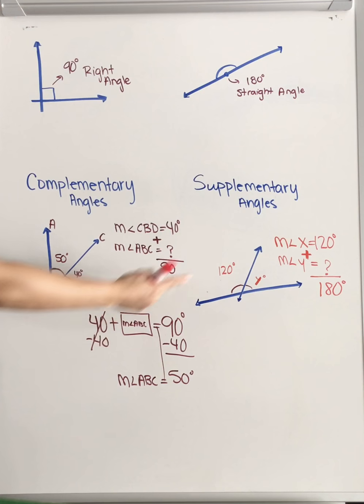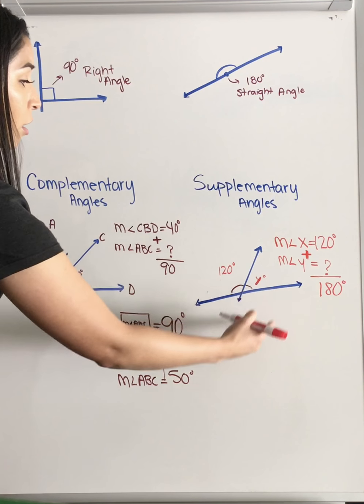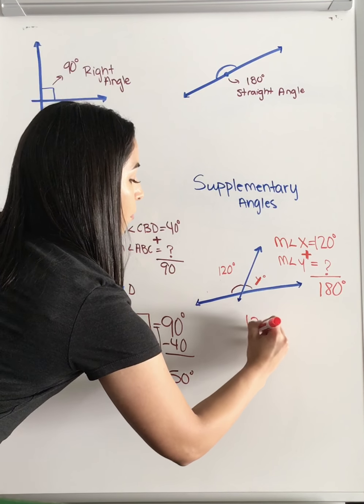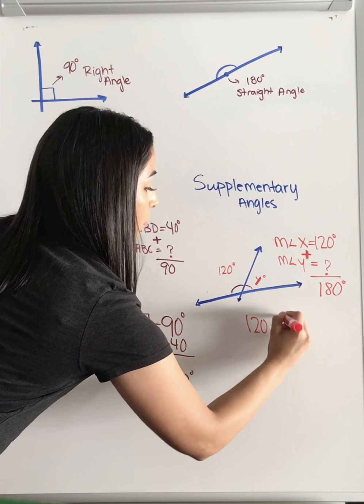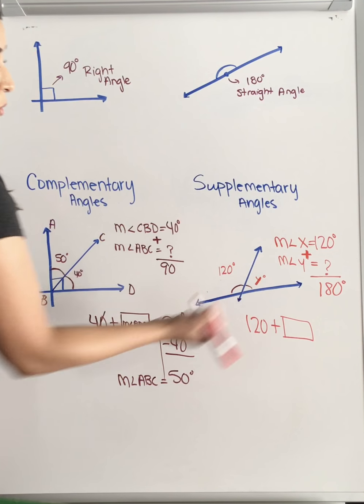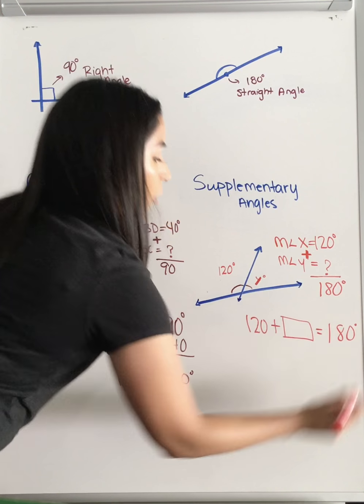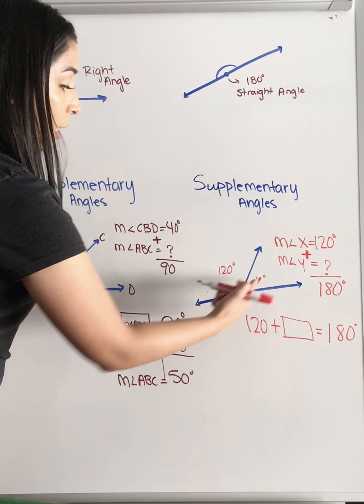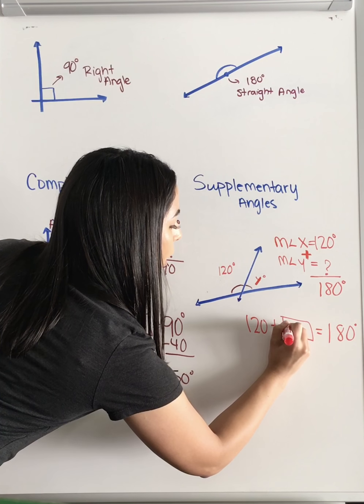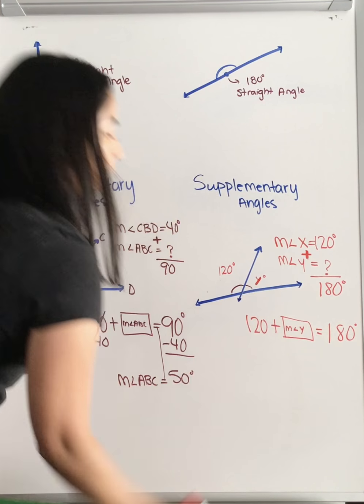Right? You can set that up the same way we did over here. So 120 plus something, right? That Y, I don't know what it is yet, will give me a total of 180 degrees. Right? That missing piece is my angle Y, measure of angle Y.